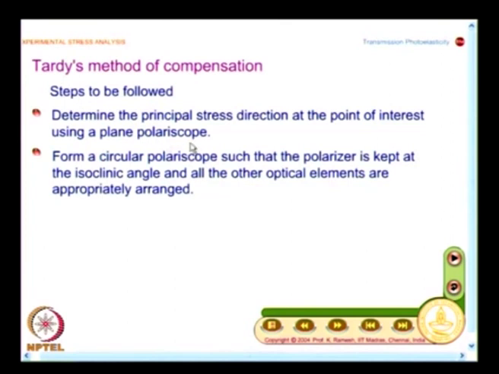Then what I need to do is, I need to form a circular polariscope such that the polarizer is kept at the isoclinic angle and all the other optical elements are appropriately arranged. See, this is a very important step.